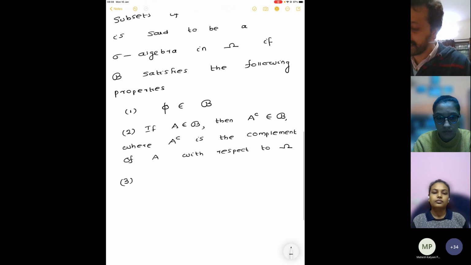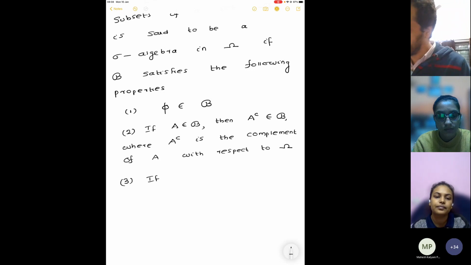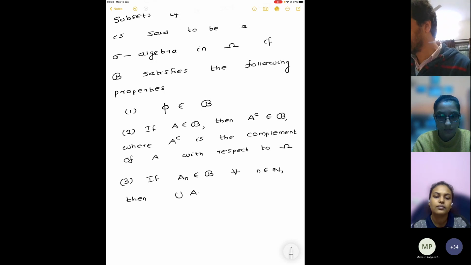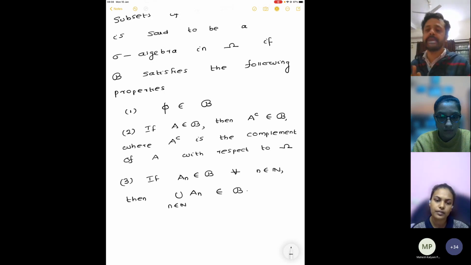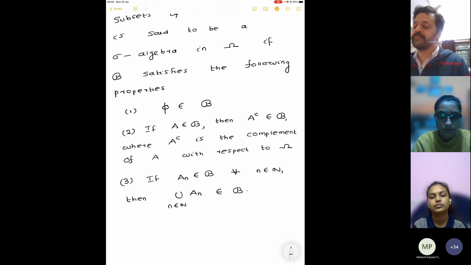And the third property that we would like to have in B is the following. If An belongs to B for all n in N, then the union over n in N is in B. To put it in simple language, B is closed under countable union. The An's can be disjoint or whatever; I don't bother. Once you have a countable collection of elements in B, their union also should be in B.